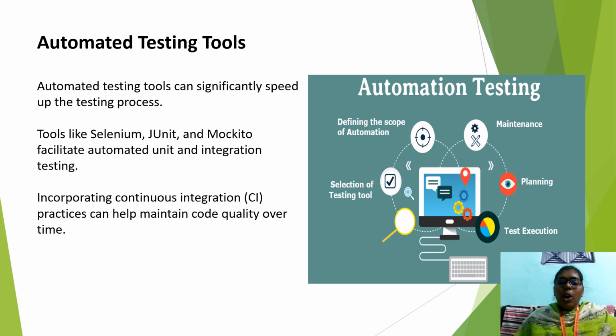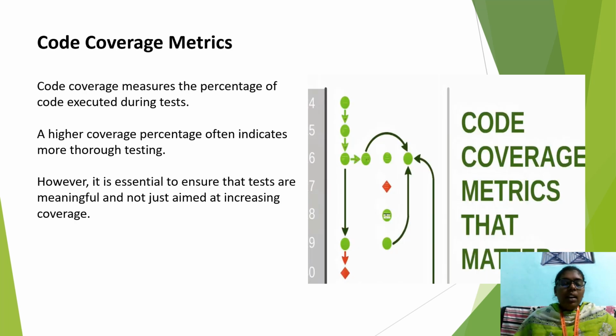We can see in this figure automation testing: defining the scope of automation, maintenance and planning, test execution, and selection of the test tool. Code coverage measures the percentage of the code executed during the test sets. A higher coverage percentage often indicates more thorough testing. However, it is essential to ensure that tests are meaningful and not just aimed at increasing coverage.